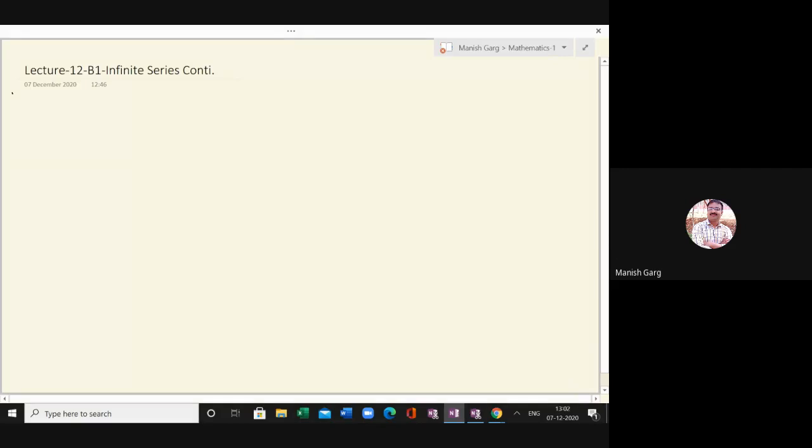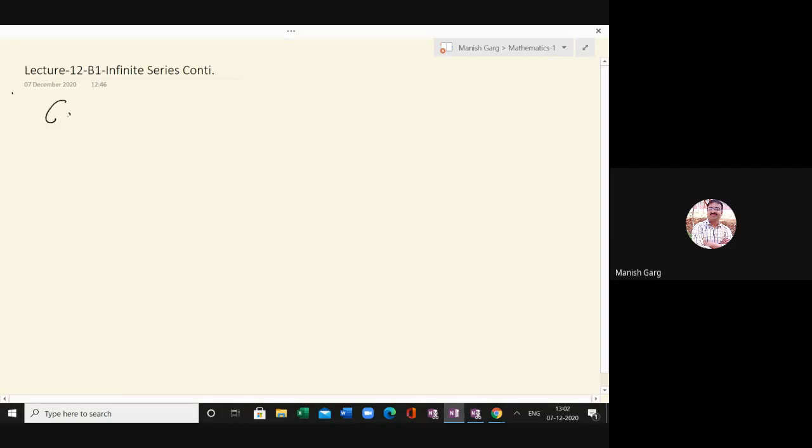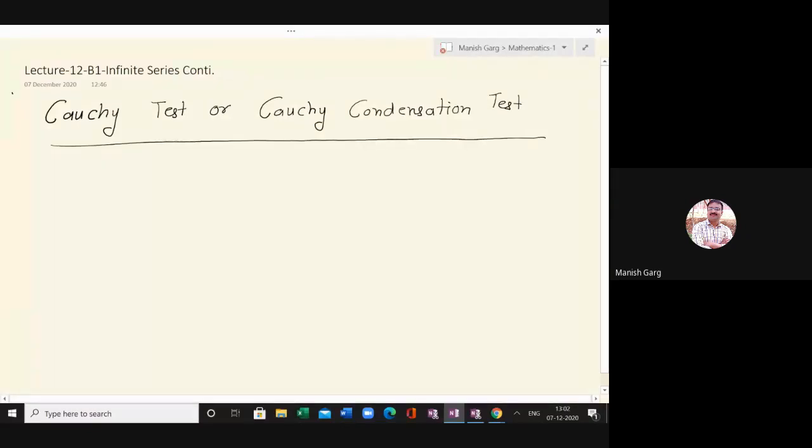This is now a new test that is known as the Cauchy test, or the Cauchy condensation test. With the help of this, you can also check whether a given series is convergent or divergent.